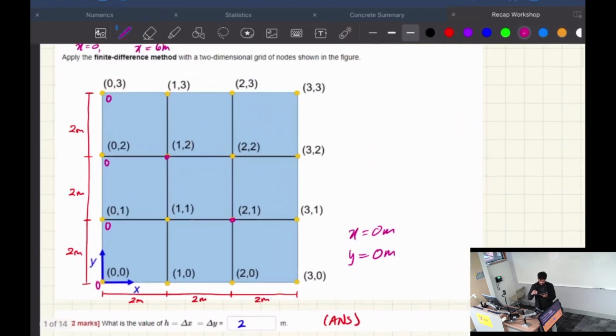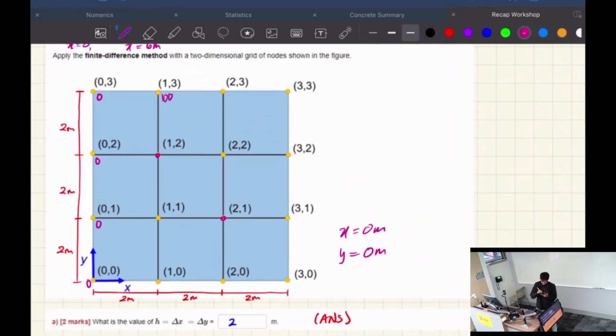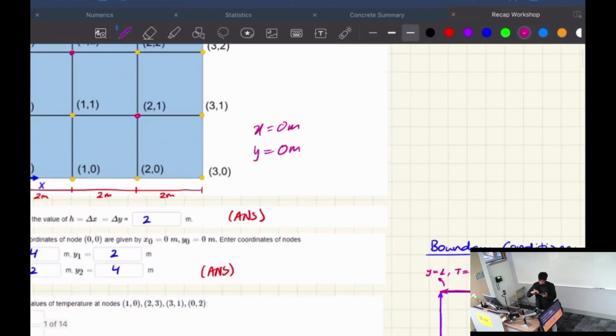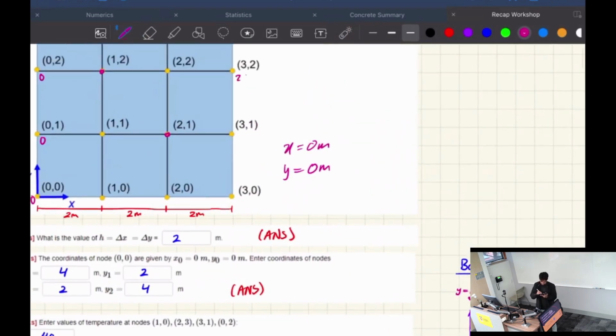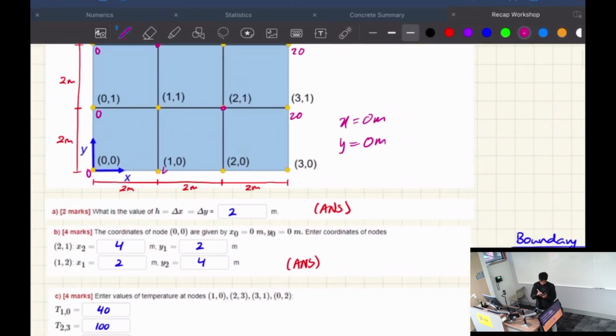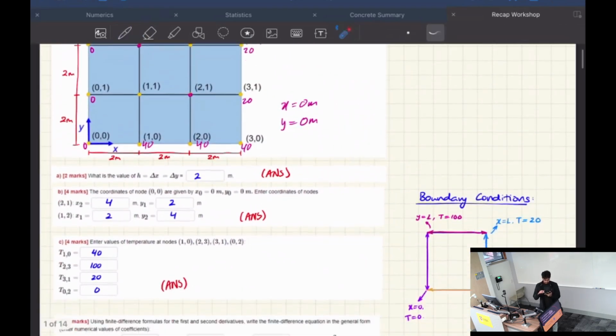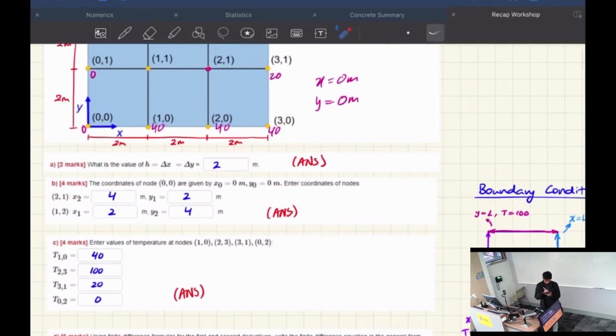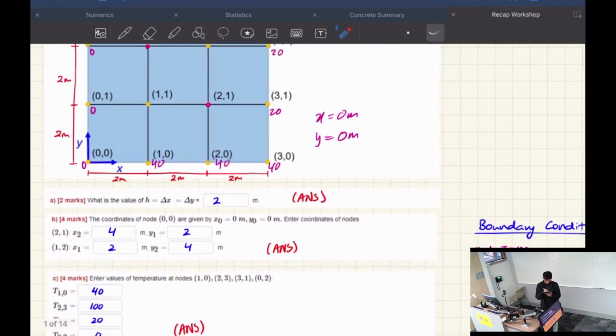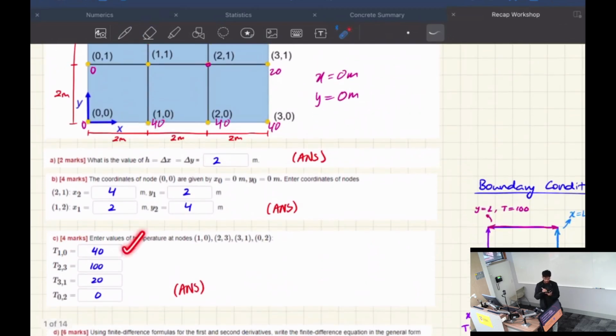Now up here, we get 100 degrees, 100 degrees, 100 degrees. On the right side, we get 20, 20, and down below we get 40 each. So T of 1, 0, which is here, we've already established that it's 40 degrees. So our answer is 40.